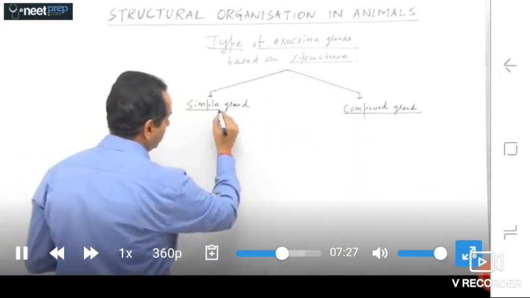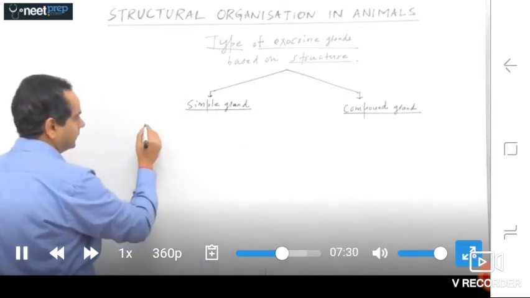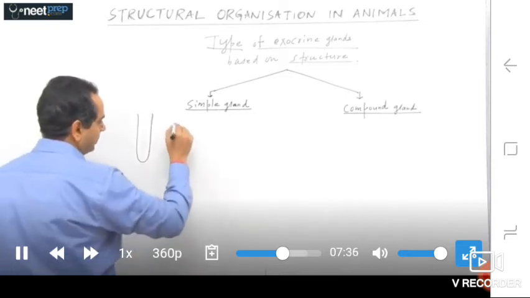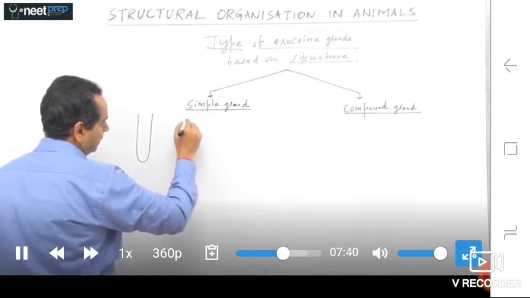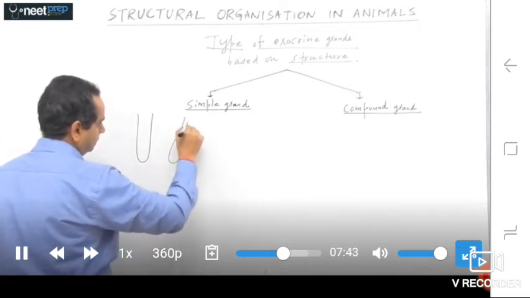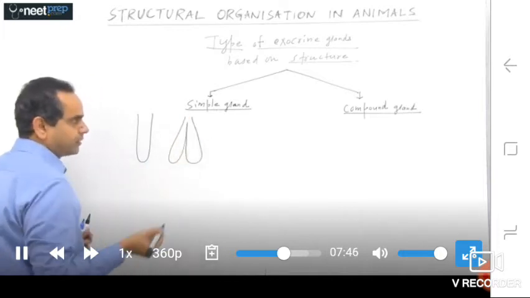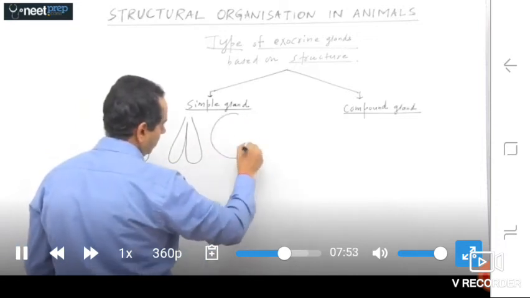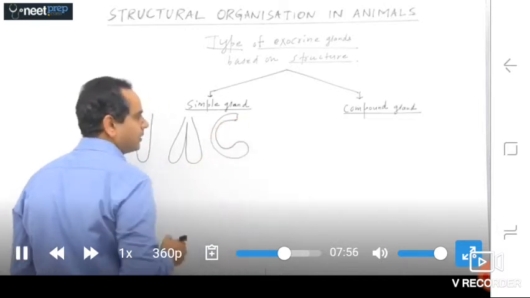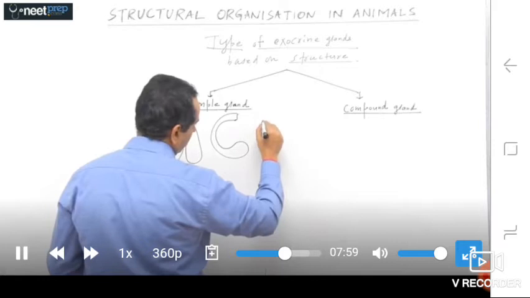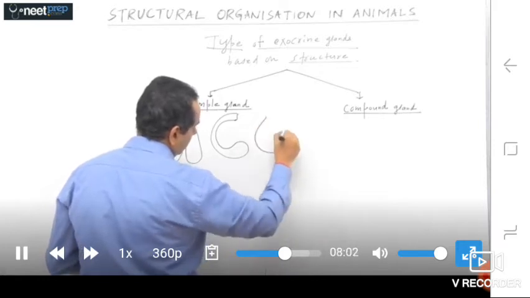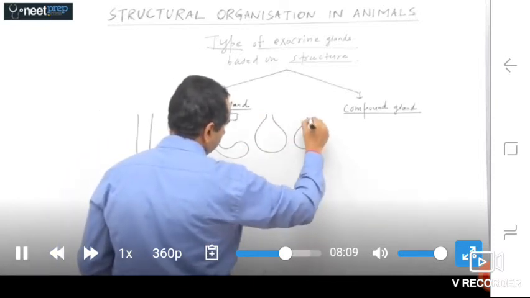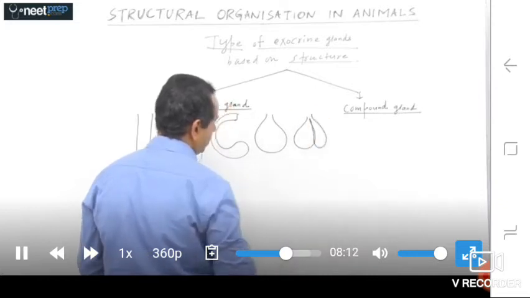And simple gland can be further classified as it may be simple tubular, it may be branched tubular, it may be coiled tubular, it may be simple acinar, and it may be branched acinar.